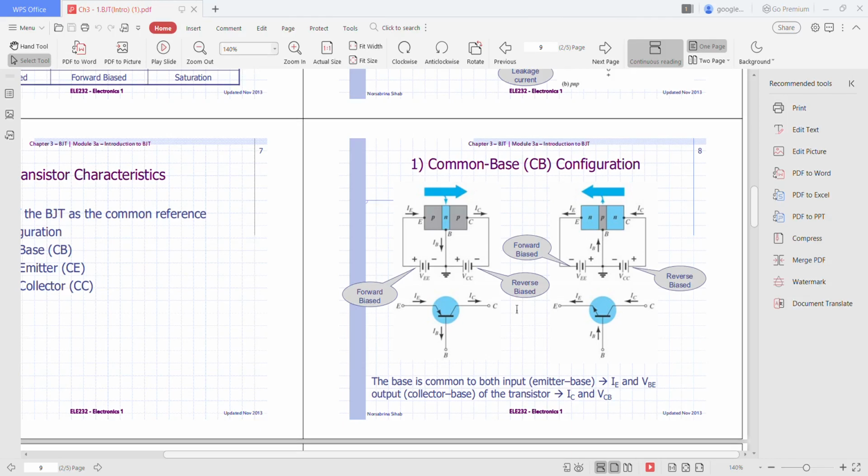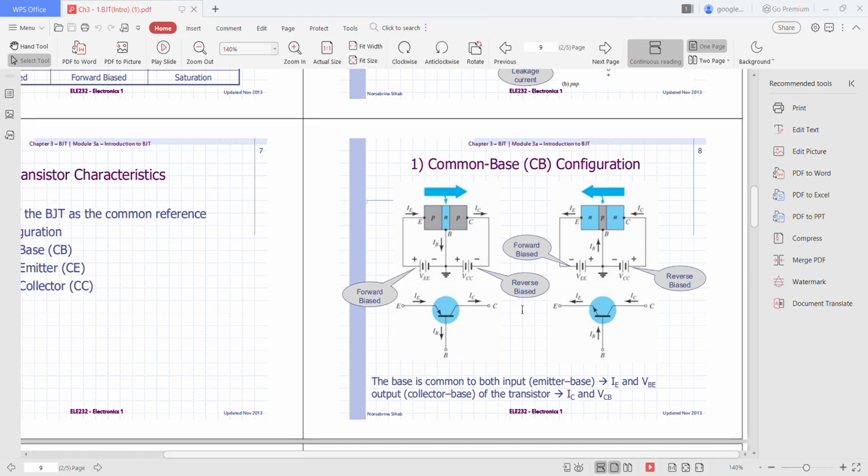The arrow in the graphic symbol defines the direction of emitter current conventional flow through the device.